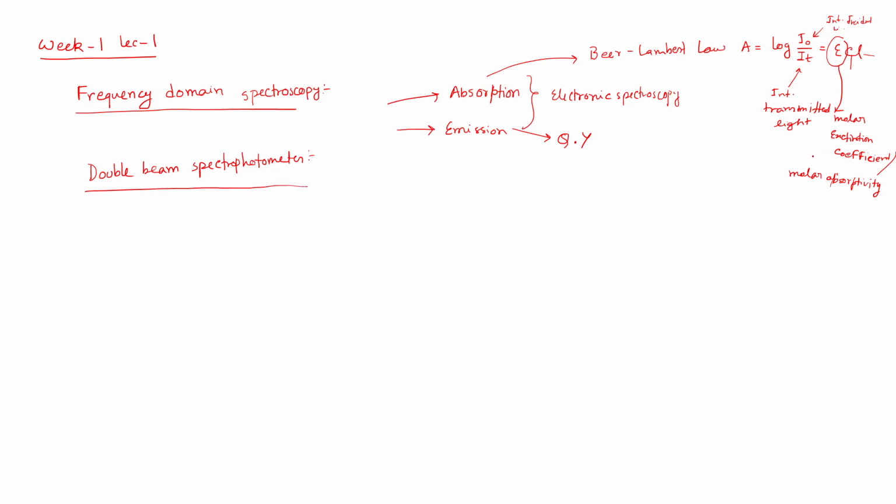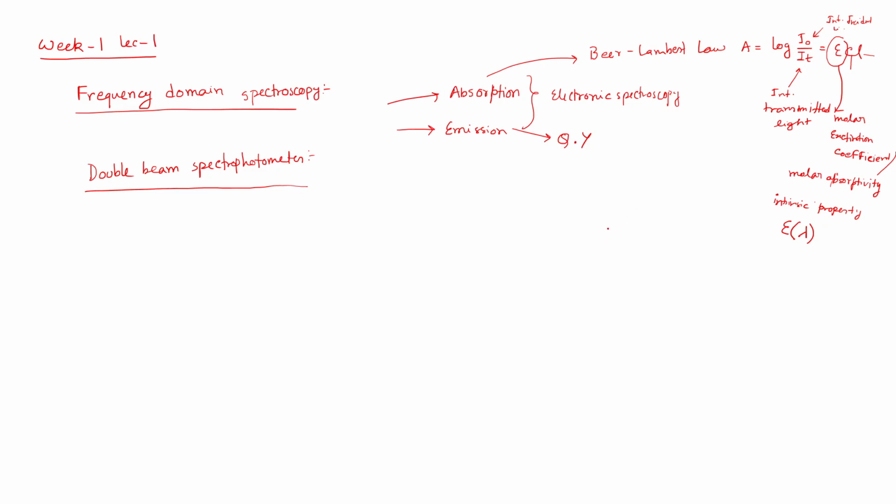This epsilon is an intrinsic property of that molecule, and we should write epsilon as a function of lambda, that is wavelength. It means that at different wavelengths, epsilon could be different.